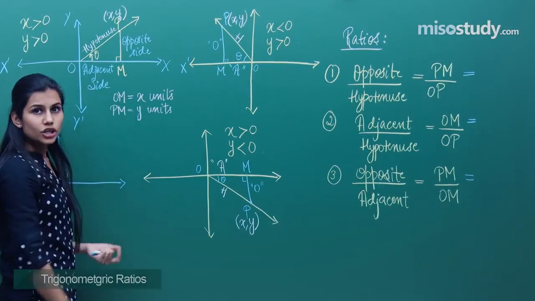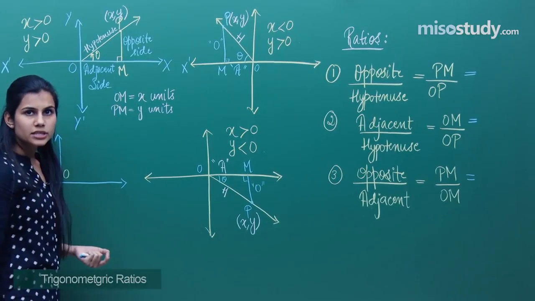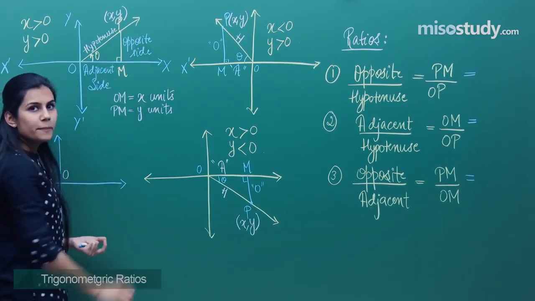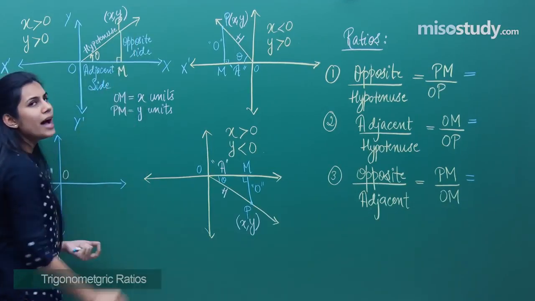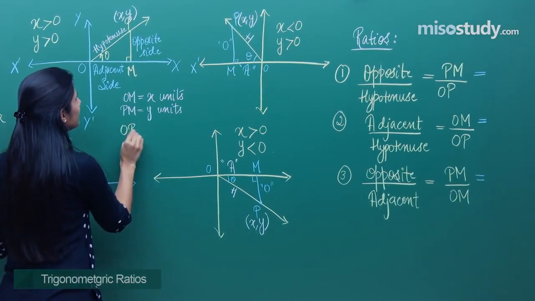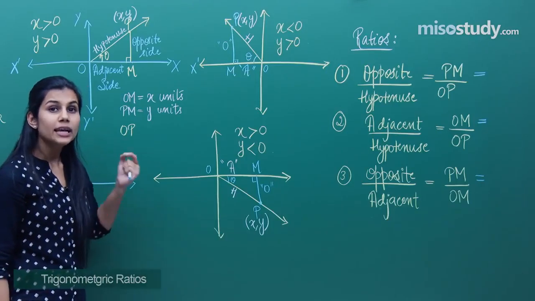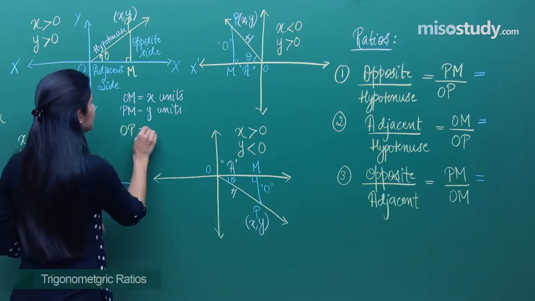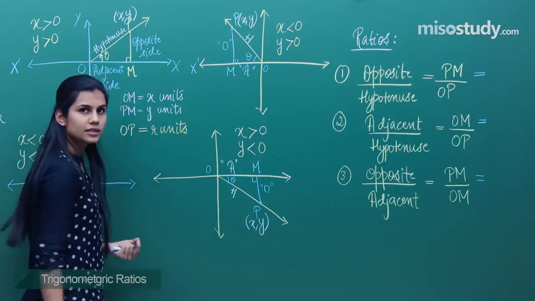Over here, you always have to understand that the hypotenuse, which is representing the length or basically the distance between the point O and the point P, this distance between the point O and the point P is what turns out to be the length of the hypotenuse OP. And this I am saying suppose is equal to R units.